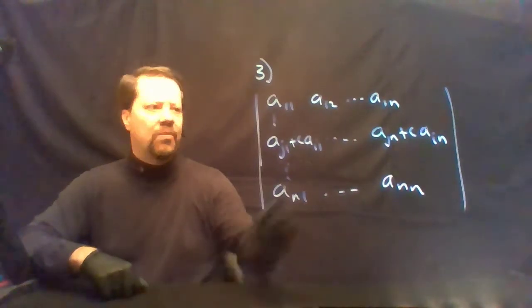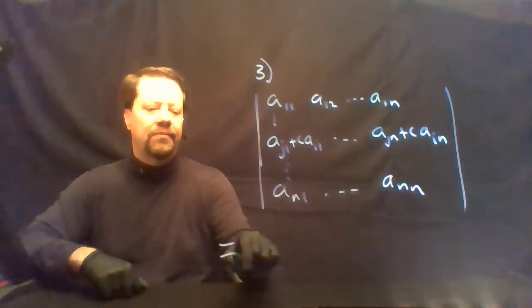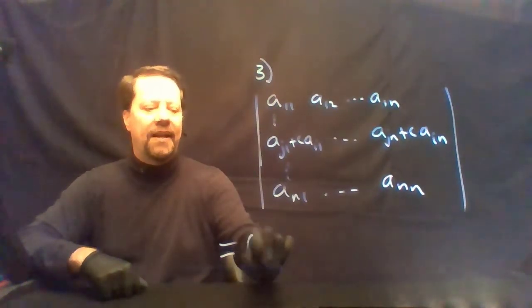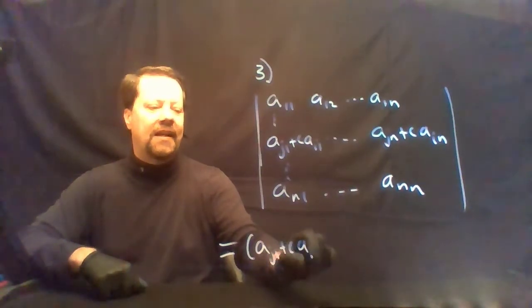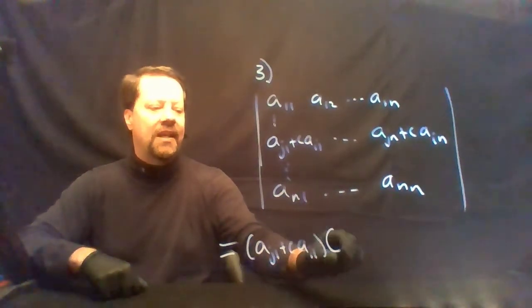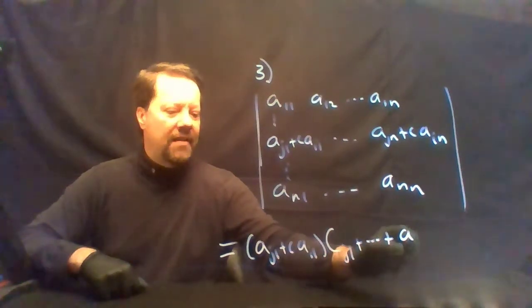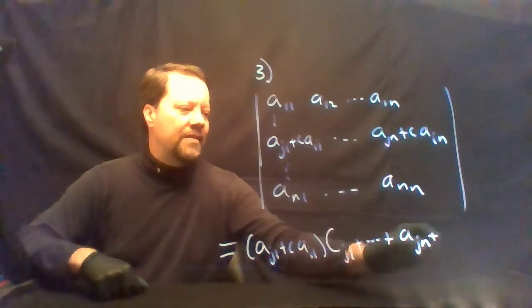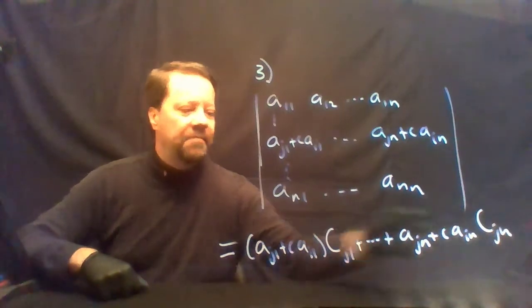In this case, we'll do the cofactor expansion around the jth row. When we do, we'll have (a_j1 plus c a_i1) times C_j1 plus through (a_jn plus c a_in) C_jn.